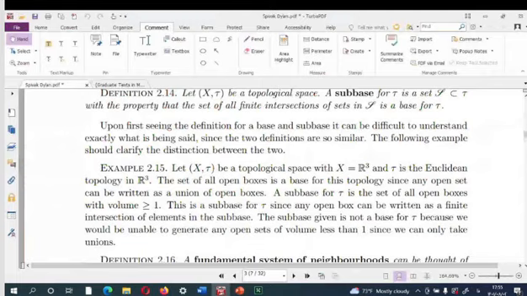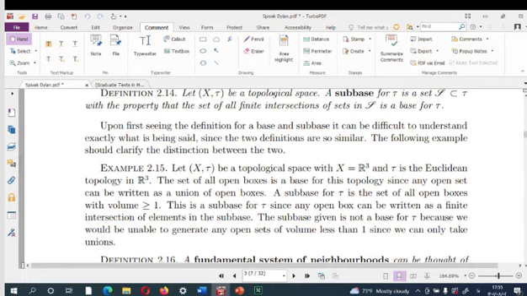And a subbase for tau, the Euclidean topology, is the set of all open boxes with volume greater or equal 1.